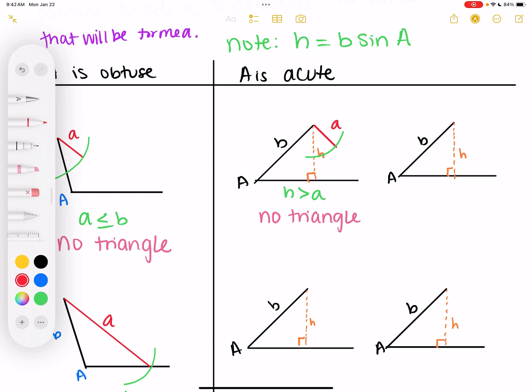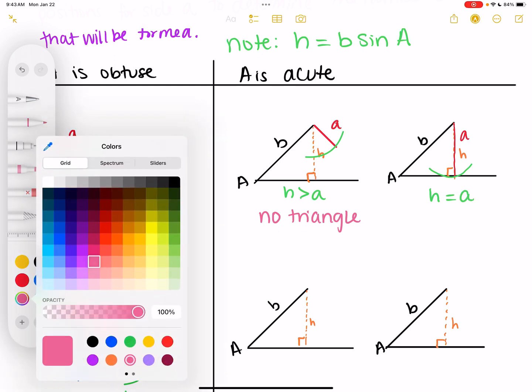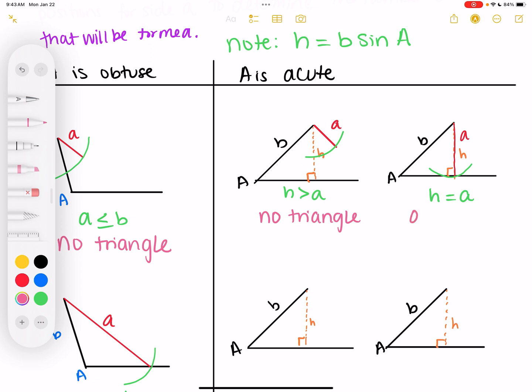Over here, I'm going to make this A. When it swings through, it hits exactly one time. So in this case, H is equal to A, and with this scenario, we have one triangle.